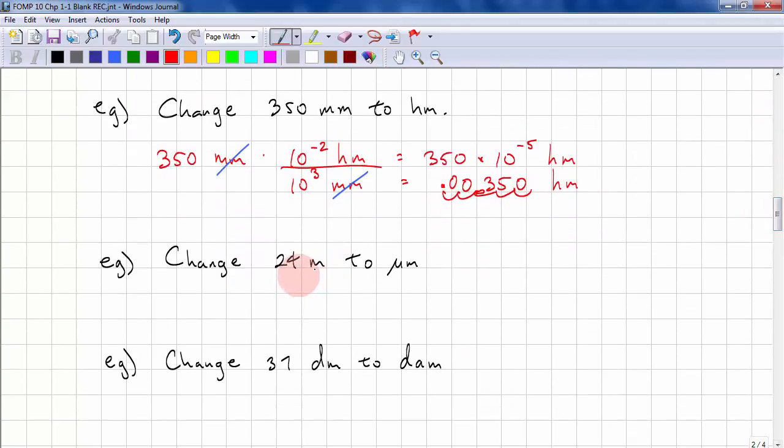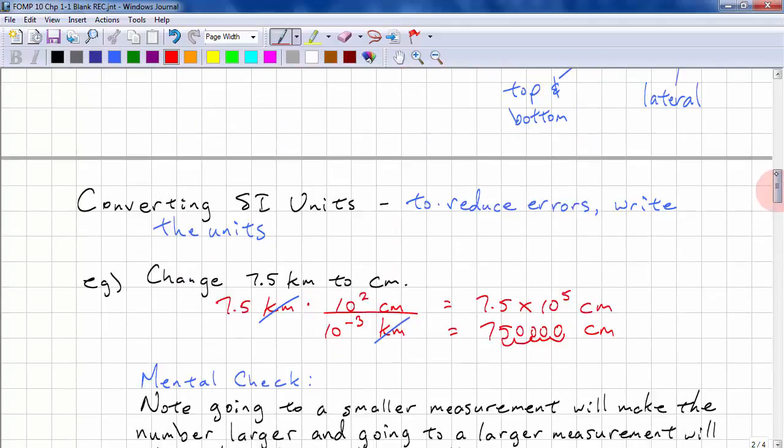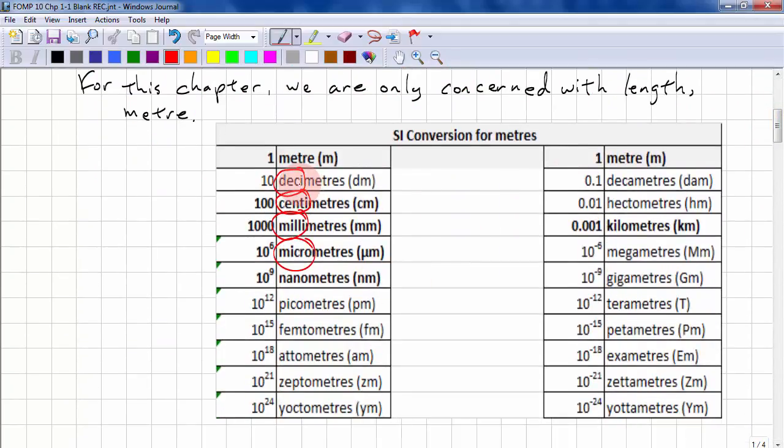Okay, change 24 meters into micrometers. So 24 meters times 10 to the 6 micrometers in a meter. So this just becomes 2.4 times 10 to the 7 micrometers. We cancel out the meters, and all our units are good. Okay, change 37 decimeters to decameters.